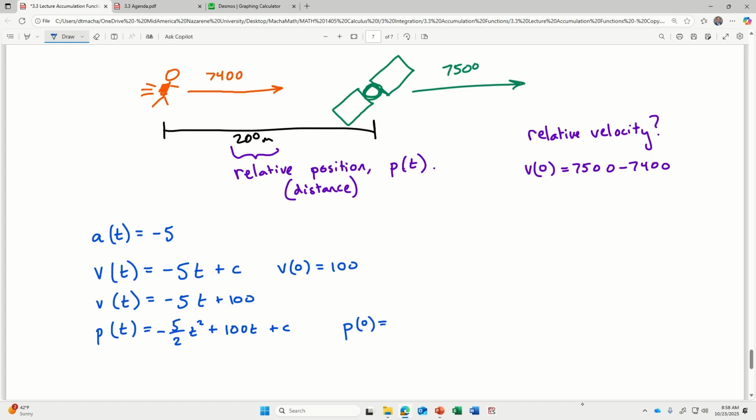In other words, what's the distance between the two objects to begin with? 200. So what should be my lowercase c? Yeah, because when I plug in t equals 0 into this position function, I'm getting 0 plus 0 plus c, and 0 plus 0 plus c has to be equal to 200, so c is 200. Now I've got a nice function that describes the distance between these objects as a function of time.